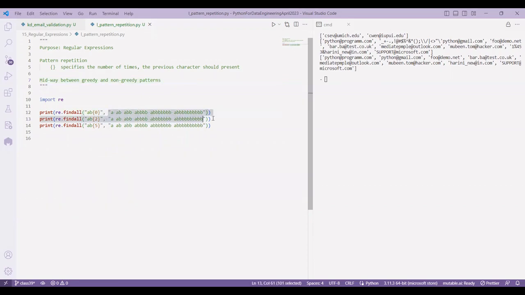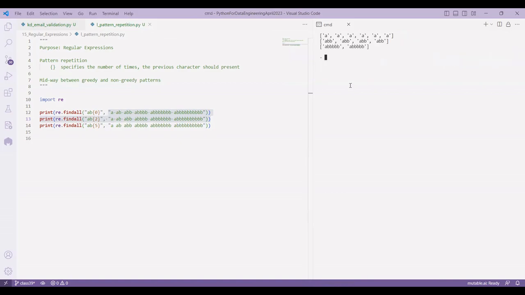Now I have different kinds of patterns. In the first case, what I'm trying to say is that first A should be there, followed by B those many number of times. Here I'm saying A should be there and B 0 times. In all the cases, A is there and B is 0 times, and you got those results.